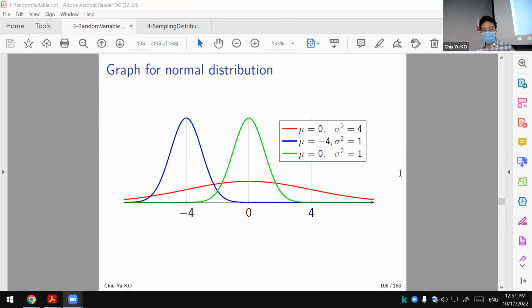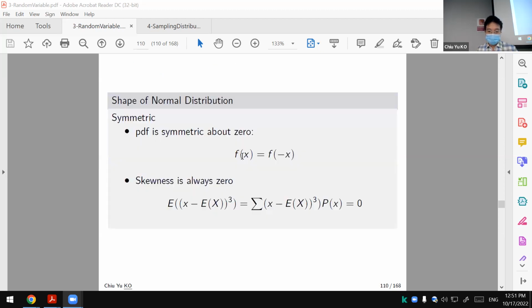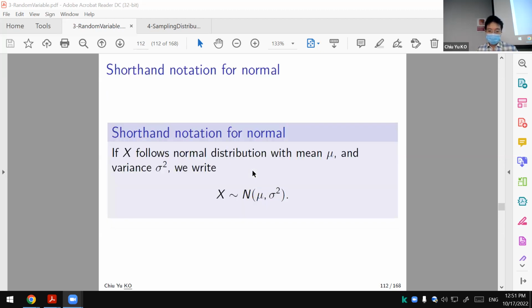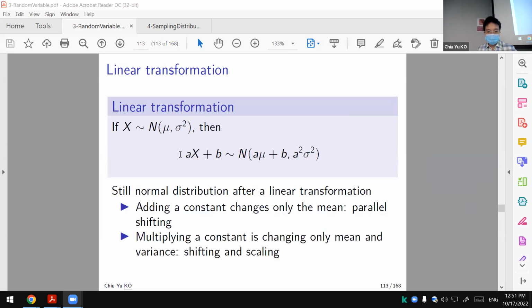I'm not going to go into further details here, but we know that when you're normal, the transformation is still normal. So for the bell curve, if you multiply by something and add something, it is still a bell curve, which is a very important property.